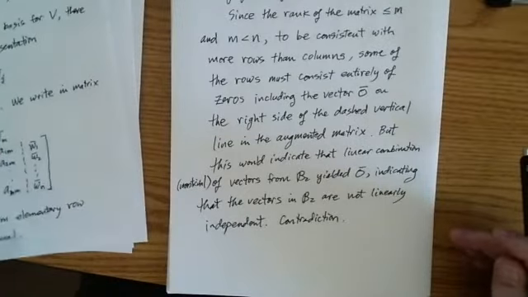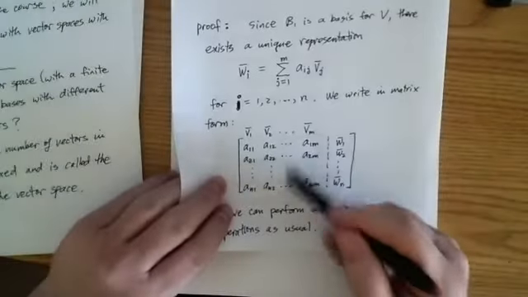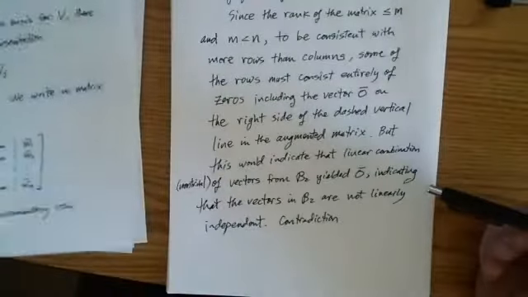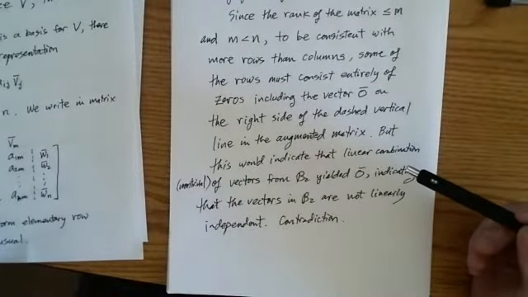Now, I said I could perform elementary row operations on this like usual, which is what I imagine doing, and getting it down into an echelon form.